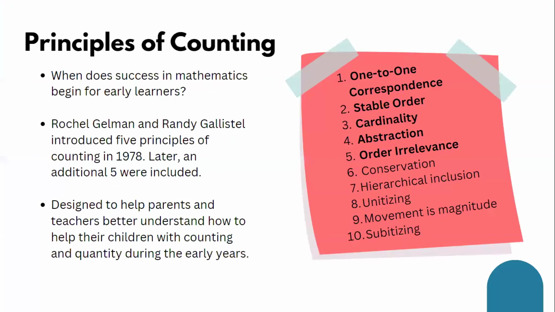Okay, so principles of counting. When I say principles of counting, what do I mean? First of all, we need to consider the success of our learners in mathematics. What do you consider for them to be successful in mathematics, especially young ones? Normally the first thing young learners learn in school is number. And most of us are used to making them count 1 to 20 rotely.